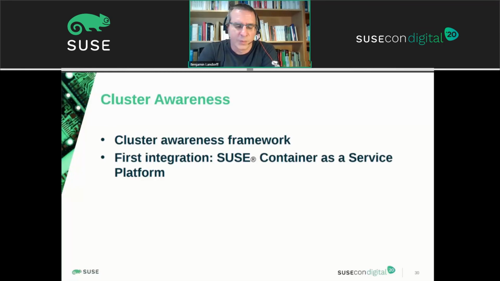So we're working on becoming cluster aware, and we have a cluster awareness framework, because in a sense, all clusters have a set of common functionality, common properties, and we create this layer of abstraction and integrate, based on that abstraction, concrete clusters. And the first one we're going to do in 4.1 is going to be SUSE Container as a Service Platform, CASP for short.